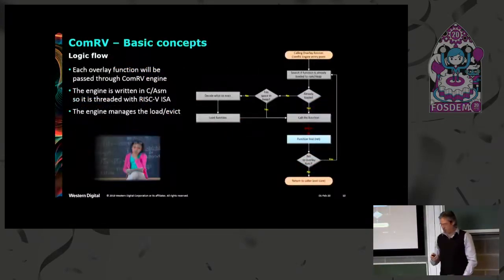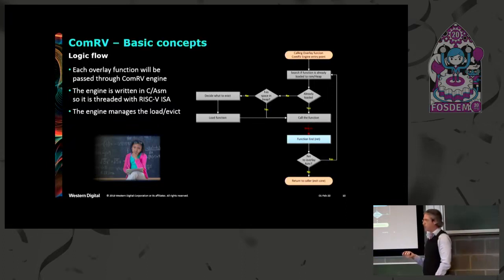So a little bit about the logic flow of the engine, and this is just a little bit. Overlay functions will pass through a runtime engine here. The engine itself is written in C and assembly, and that's why it's targeted for RISC-V. The main engine itself will do a few things.